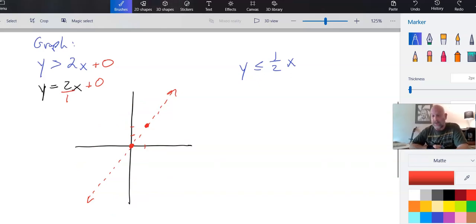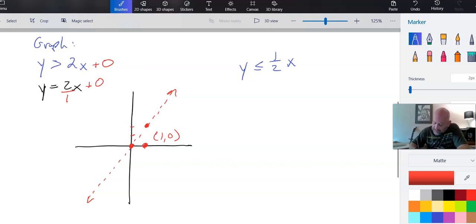So we need a test point, something that's clearly not on the line. You could pick anything you want. I'm going to pick the point 1, 0. Notice I'm picking a point on an axis, which means I still get a 0. It's helpful if you can pick something with a 0 in it.